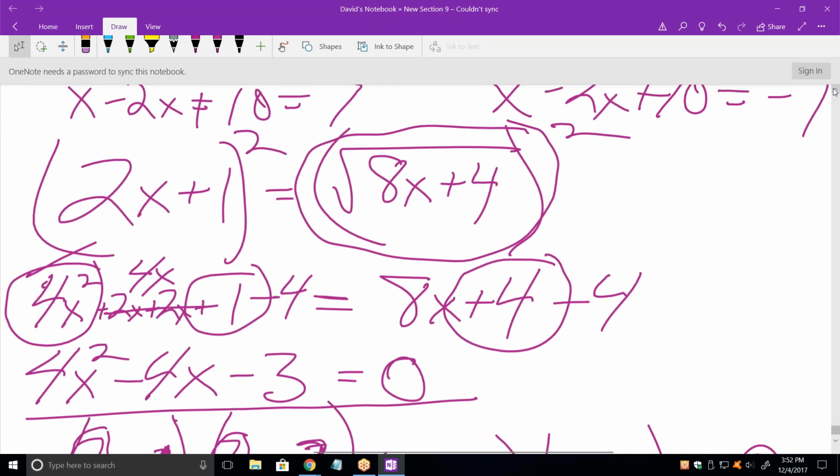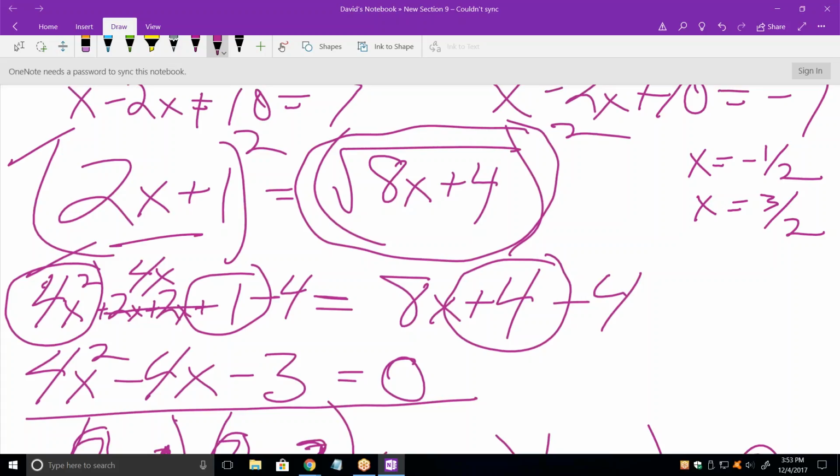There it is. Okay, hold on a second. What were my solutions? My solutions were x equal negative 1/2 and x equal 3/2, correct? This was our starting spot, right? Plug that in and see if everything works.